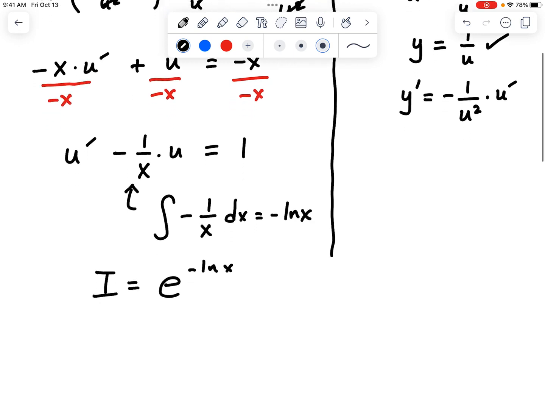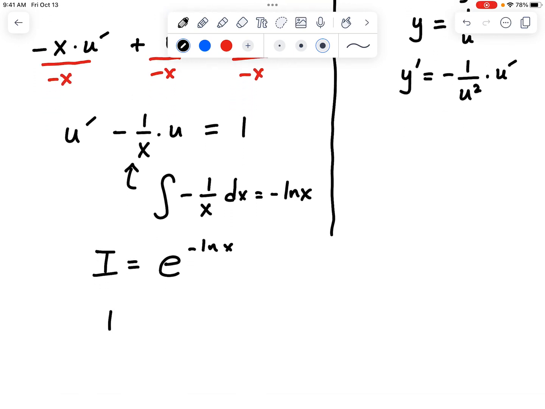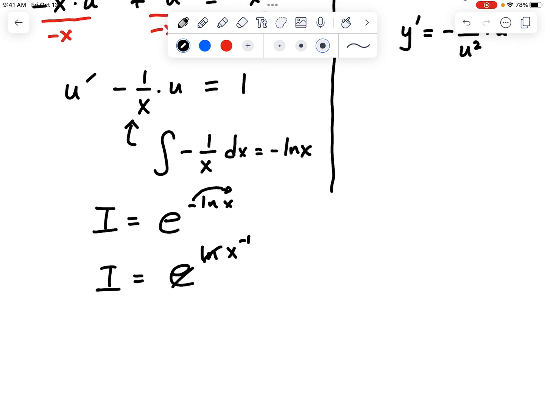And if I can get the natural log and the e next to each other, they'll cancel. And I can do that by transferring this negative 1 up here as an exponent. And now the e and the ln can cancel, so all that's left is x to the negative 1, which I prefer to write as 1 over x. Okay, so that's the integrating factor.